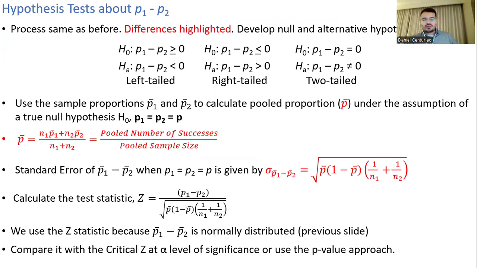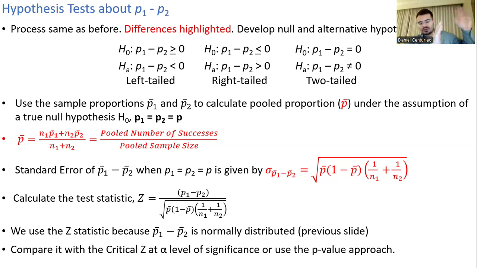One thing that's slightly different is that D is not necessarily present here, because you don't need to define targeted populations or target proportions for this specific case. The proportions are defined by a binomial process, so once you categorize the number of successes in one sample and the number of successes in the other sample, you don't need to create any other category or target to compare if they are from the same population or not.